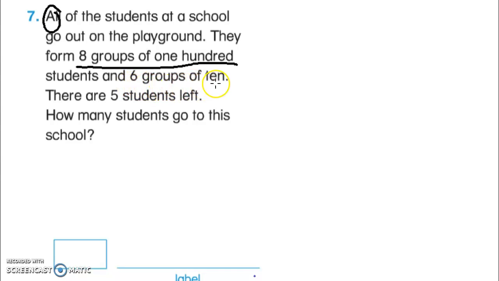And 6 groups of 10. And there are 5 students left. So I would think of that as 5 students of 1. So there's 5 single students. How many students go to this school? Well, we know that all the students are on the playground. So I know that if I add all these up, I'm going to get all the students. So our answer would end up being in students.